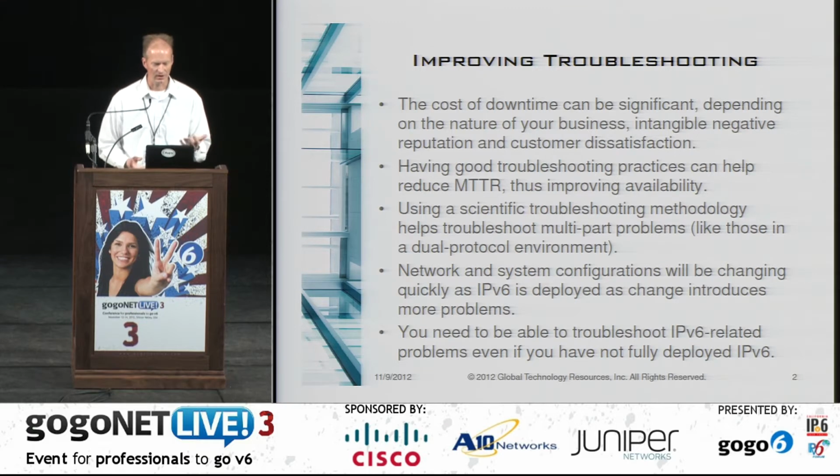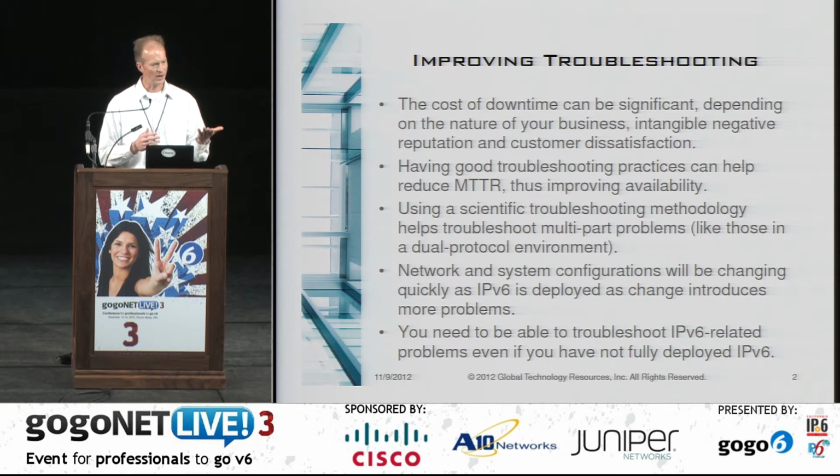We understand that the cost of downtime of our environments can be significant to our organizations, both in monetary costs and soft, intangible costs like effects on the reputation of our companies and customer dissatisfaction. We need good troubleshooting methodologies to reduce our mean time to repair.